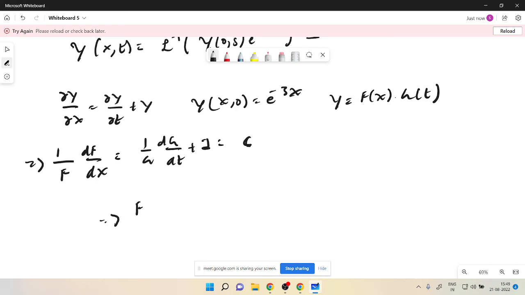So f is equal to c1 e to the power cx. g is equal to c2 times e to the power (c minus 1) times t.